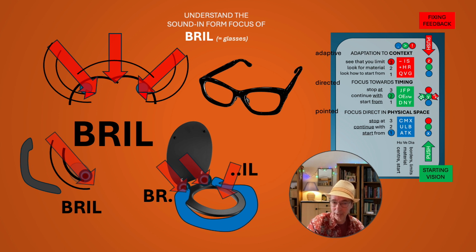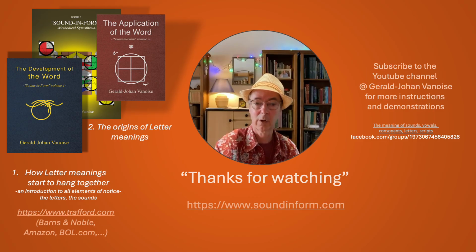In Dutch, BRIL is really describing the mechanism itself of these two sorts of forms that are not in the slightest related with each other, except for their mechanical, physical description, which is perfectly described in this letter combination.